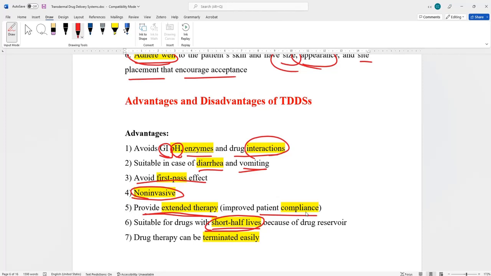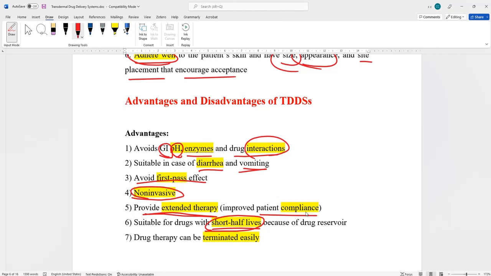So if, for example, you want to give an oral tablet, you have to give it every maybe 2 hours or 3 hours. You give a tablet. But because of the drug reservoir in the transdermal drug delivery system, you can put enough drug for it to continuously get absorbed through the skin. Okay? So you will have continuous absorption for a longer period of time.